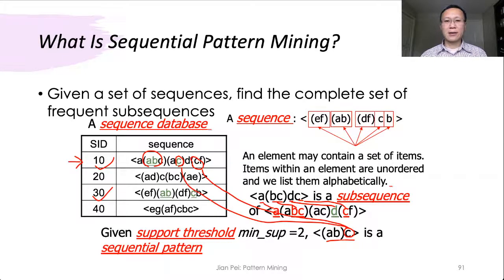Because we are only concerned about whether this sequence is a subsequence of a sequence in the database, we do not mind which C it matches. Either way of matching works well. You will see later in the algorithm that we have a way to systematically compute a match between a subsequence and a sequence.